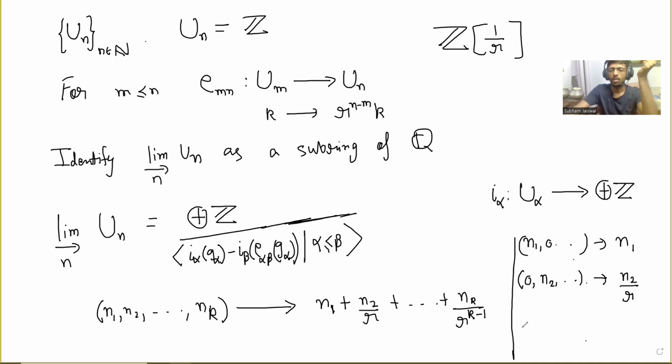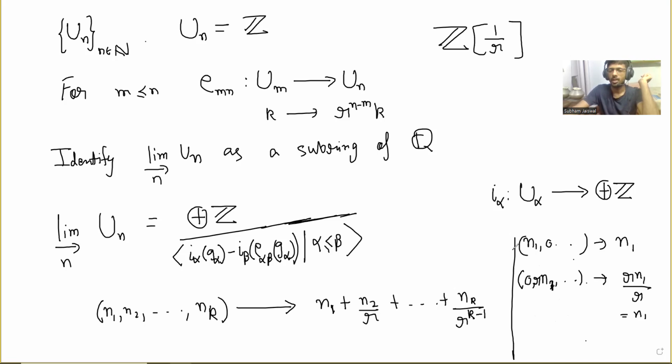If I take R times this, then I will be sending it to R n1 by R, so this is just n1. So it is well defined.